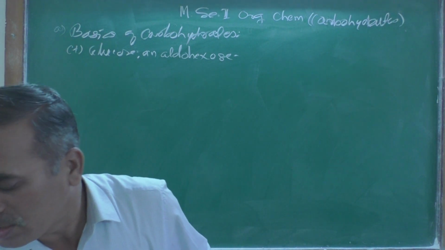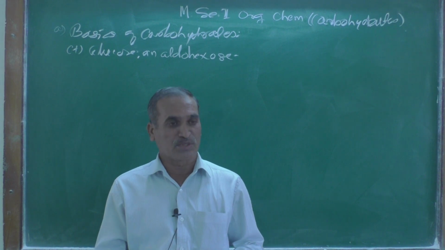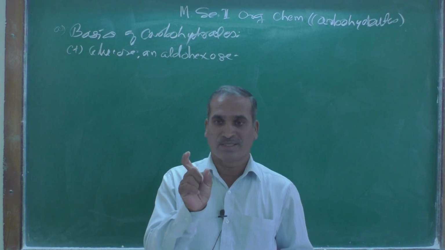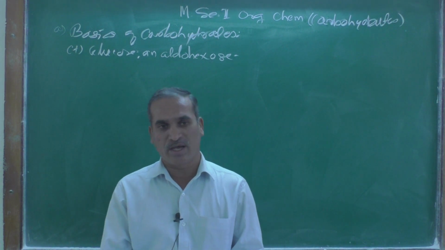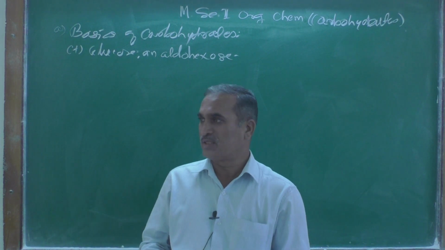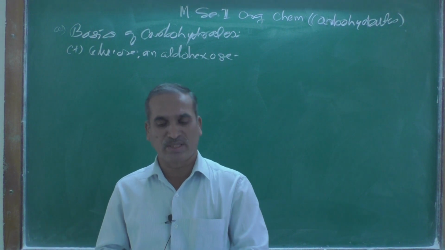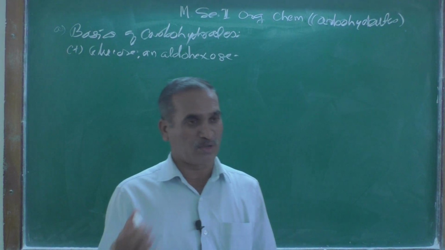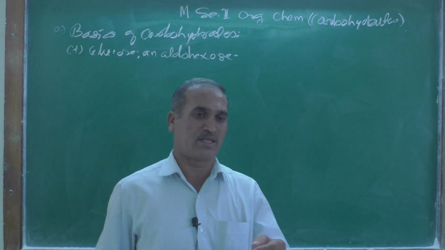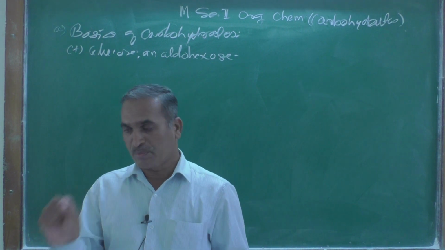Generally, carbohydrate chemistry is mainly studied on the basis of the Fischer projection formula. The carbohydrates are written vertically, and in the DL configuration, if the OH is present on the right-hand side, we designate it as D configuration.